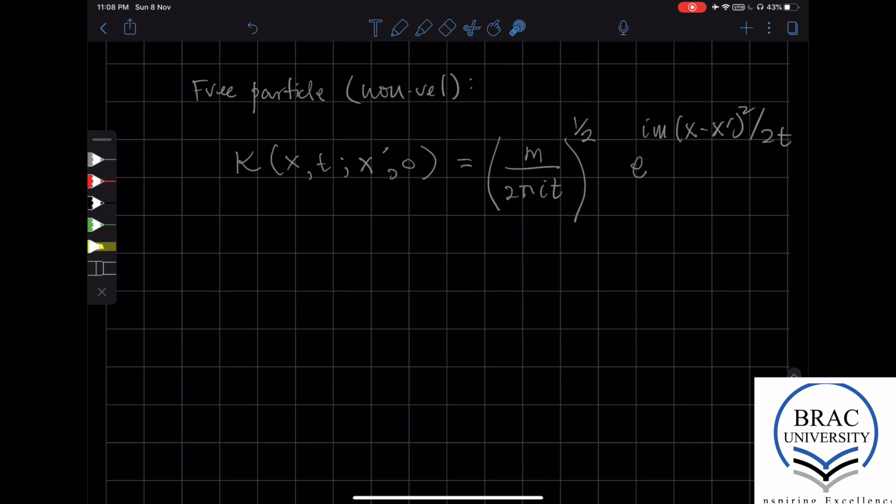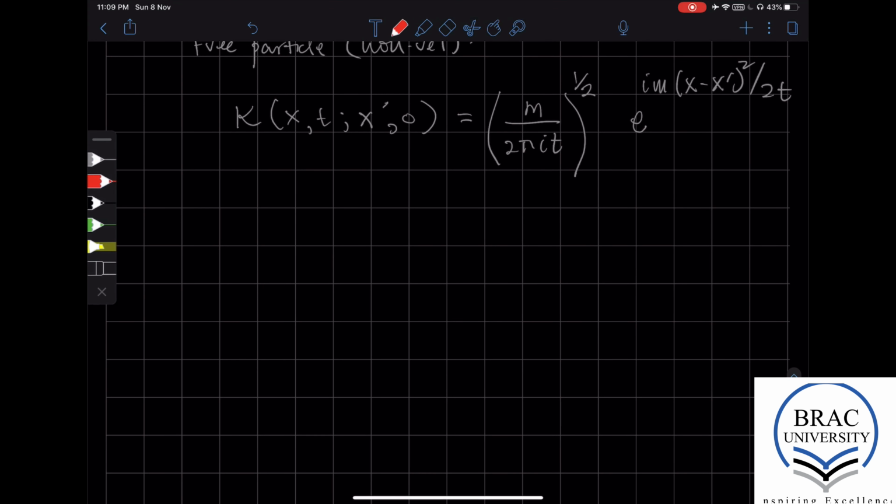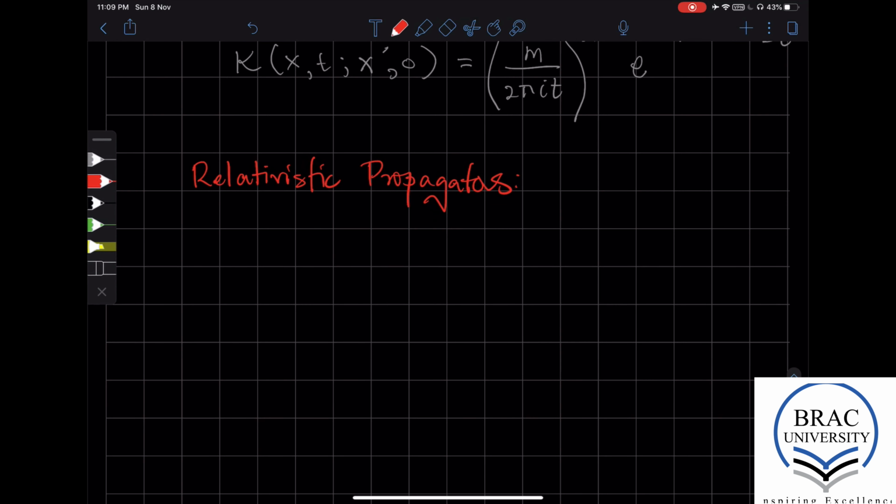So let's move over to some relativistic propagators. So we can generalize to relativistic propagators.